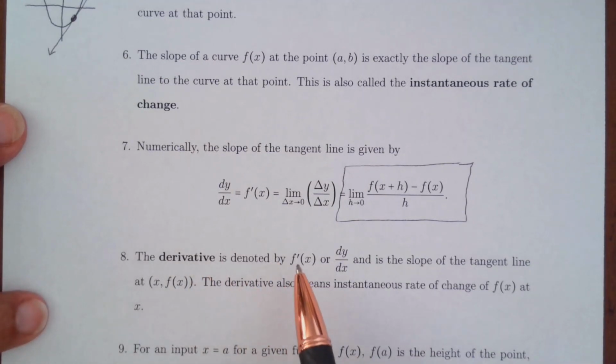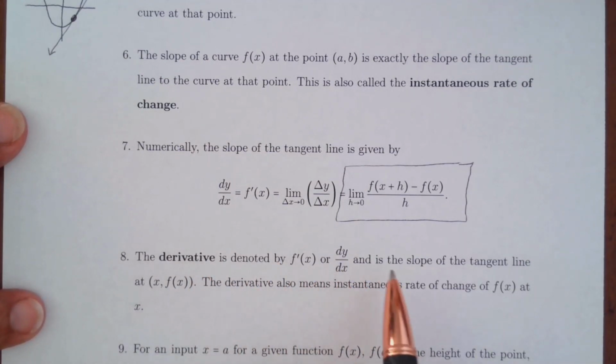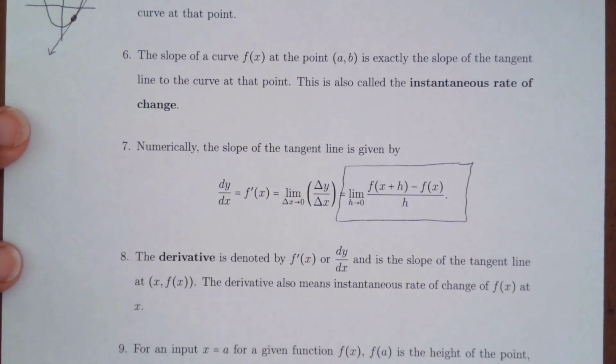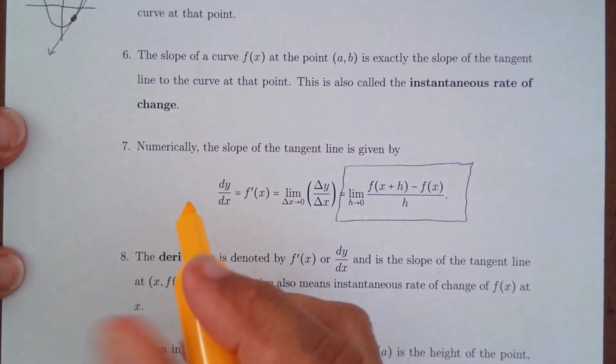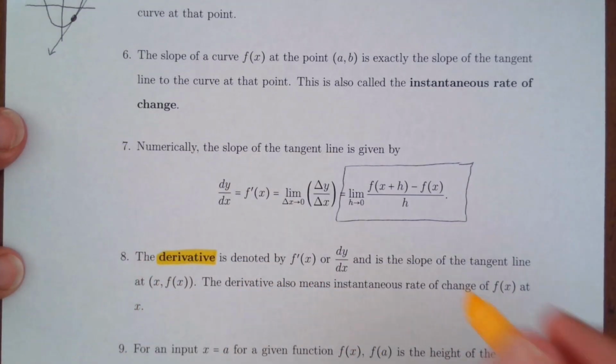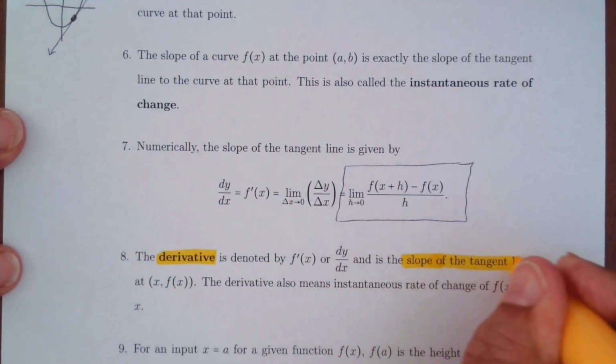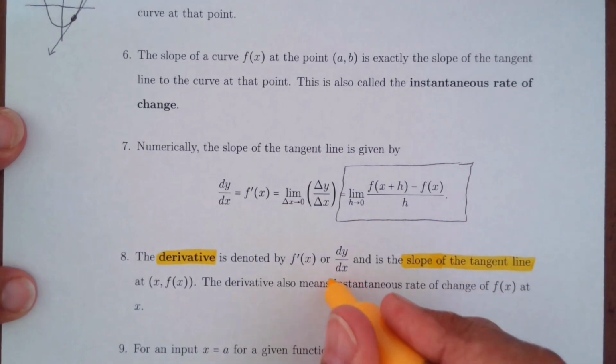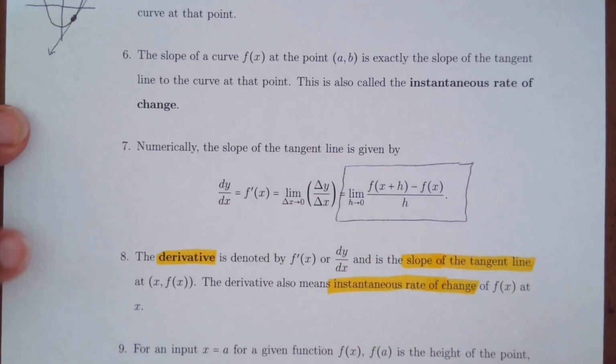The derivative is the slope of the tangent line at a point, whatever the point is, x comma y. The derivative also means instantaneous rate of change of the function at x. That's hugely important. The derivative is the slope of the tangent line, and it's also the instantaneous rate of change. Those are all the same things, and that's real important that you understand that moving forward.